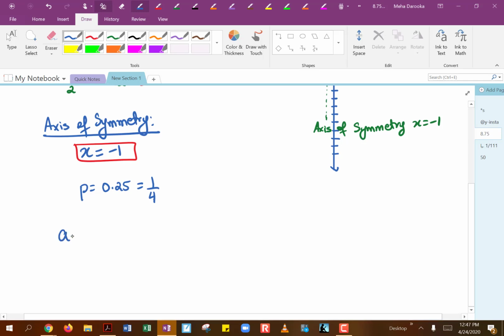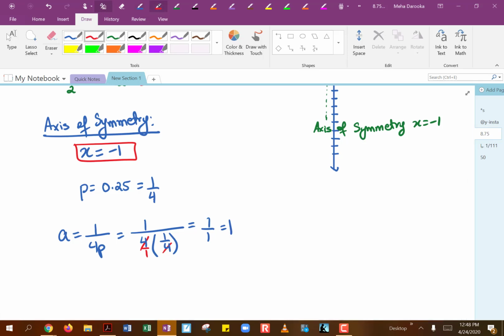Alright, so now let's go ahead and find our a value, which will be 1 divided by 4, and then for p we have 1/4. So again, you can think of these 4 and 4 canceling each other out, basically giving us 1/1, or the value of 1. So a comes out to be 1, and now we can put this in our equation.